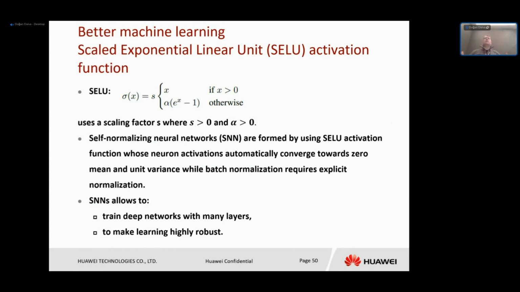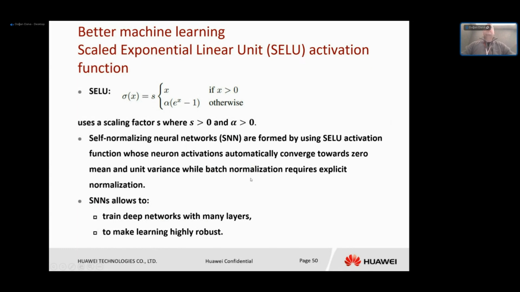Because in deep neural networks, the mean and the variance can increase or decrease, and we want to normalize them to unit variance and zero mean. But using SELU, we don't need to do that, and we don't need to use batch normalization. And this allows us to train deep neural networks with many layers and to make learning highly robust.